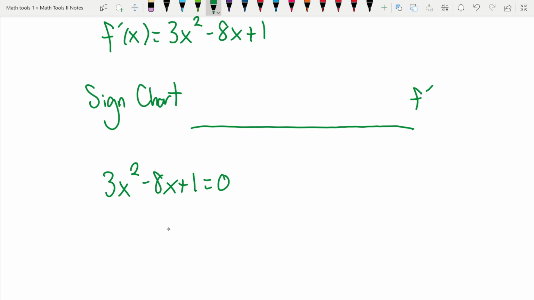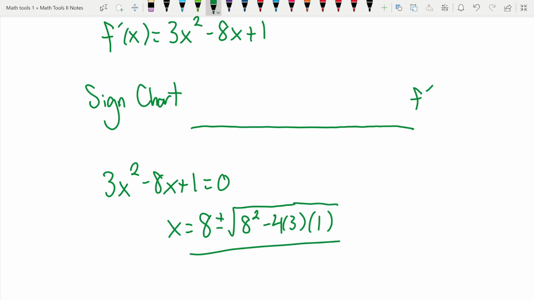So we would go for the quadratic formula in this case. So it's x equals the opposite of this one, 8, plus or minus the square root of 8 squared minus 4 times 3 times 1, all over 2 times 3.